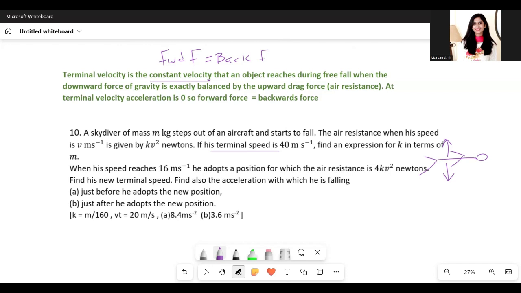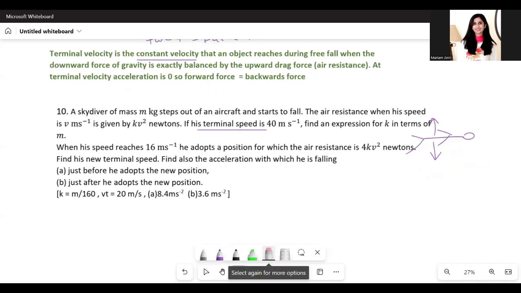The acceleration is 0, like discussed before, hence forward force is equal to backward force. So at terminal velocity, acceleration is 0, so forward equals backward. We've already discussed that. Now let's do the question, since now we know what terminal speed is.